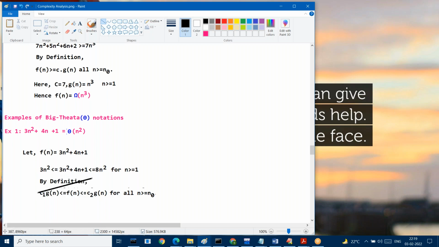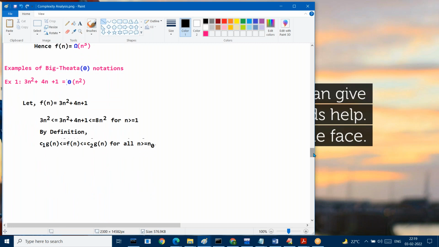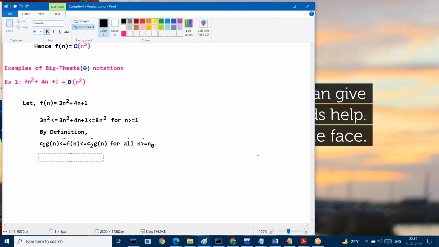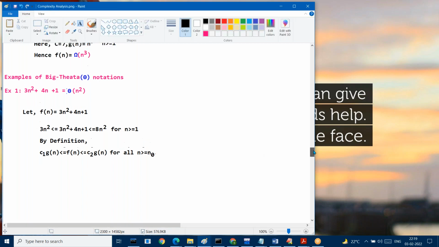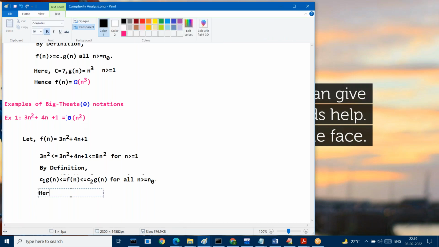Clear? Now what we are going to tell? Hence, what about your C1? 3. It should be capital or small, doesn't matter. Some constant. C1 will become 3. C2 will become 8.